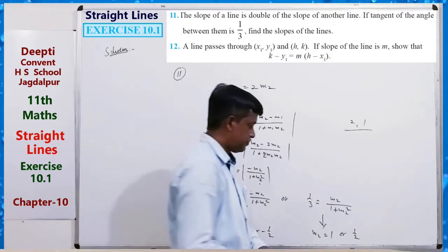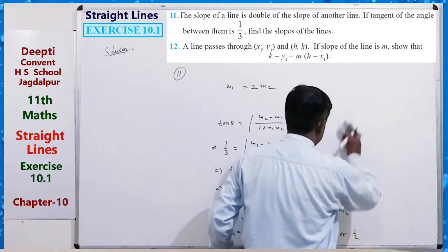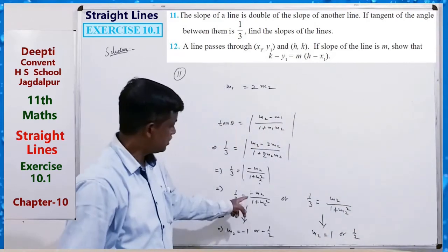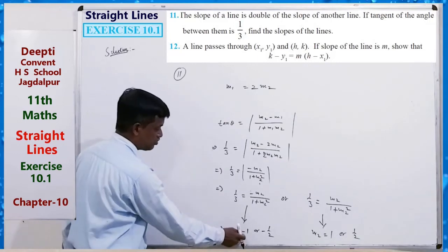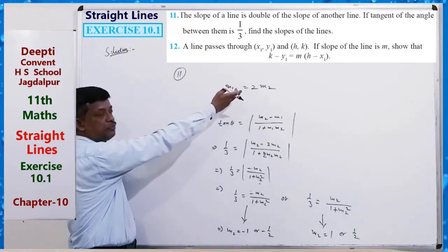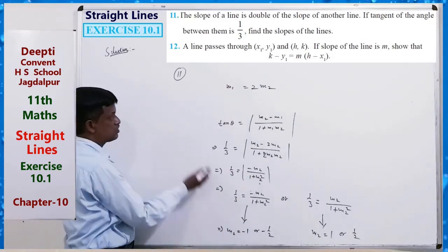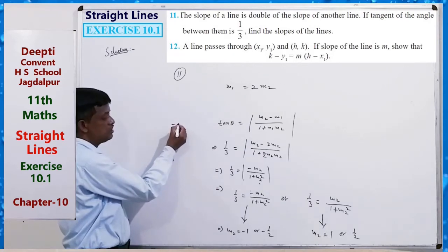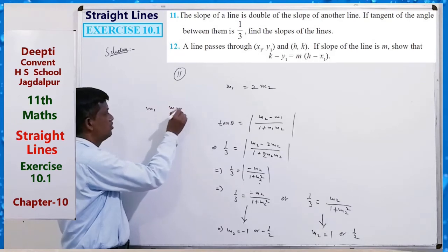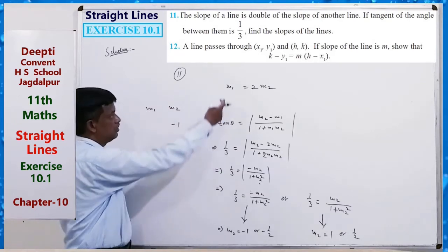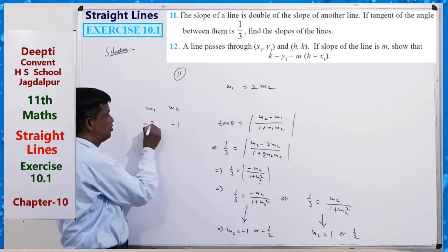Just understand, either this or this. Now here if m2 equals minus 1, then m1 equals minus 2.